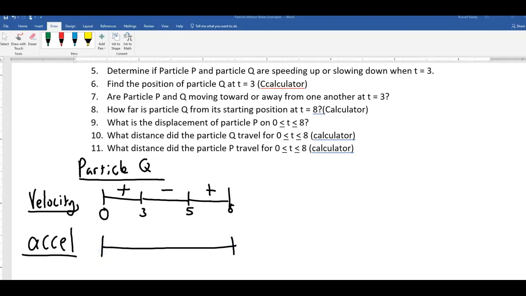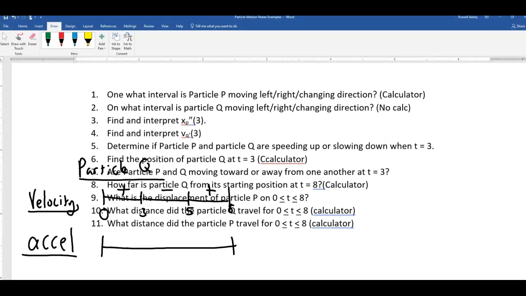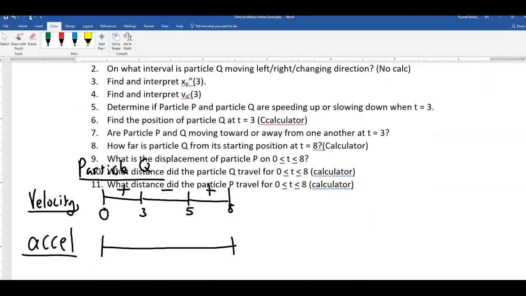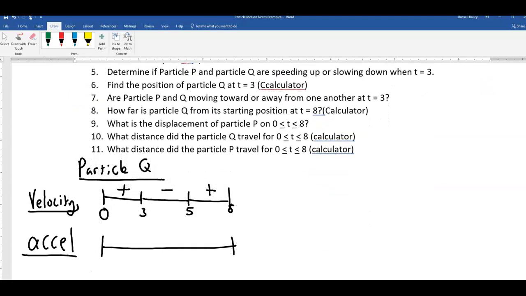So the derivative of the velocity function, we did that also back on the very last question. It was 2t minus 8. So v prime is the acceleration, and that was 2t minus 8. So we're going to set that equal to 0 and solve.